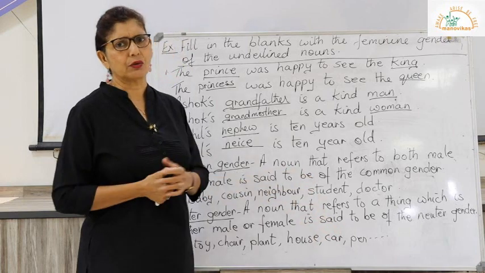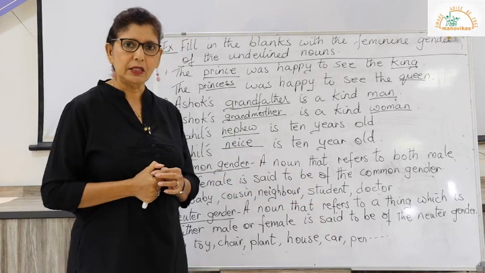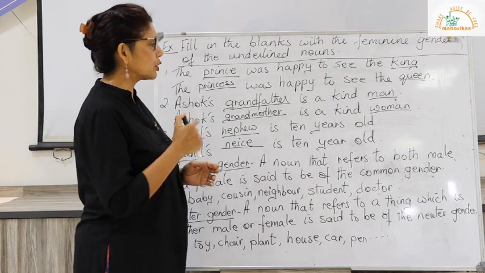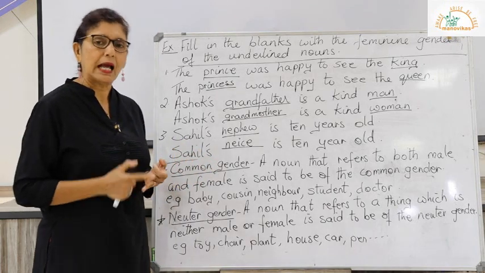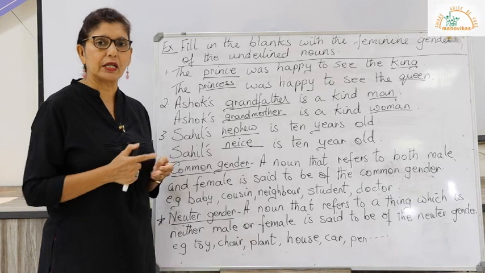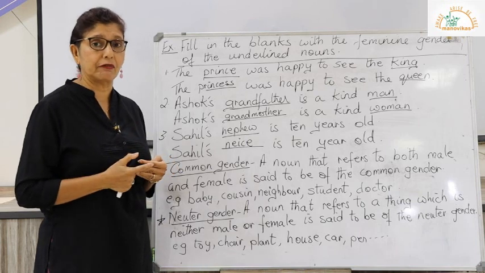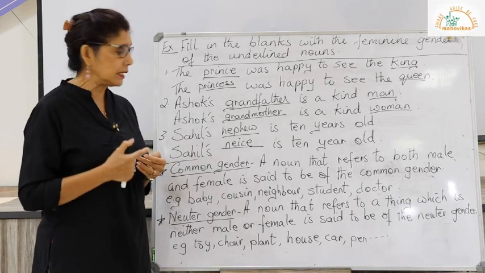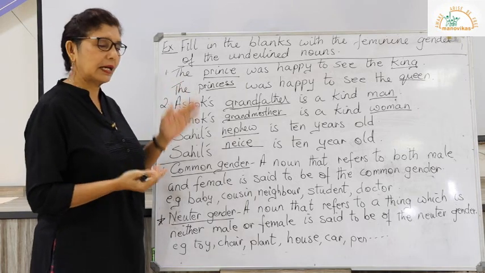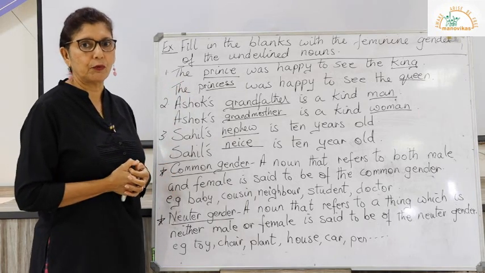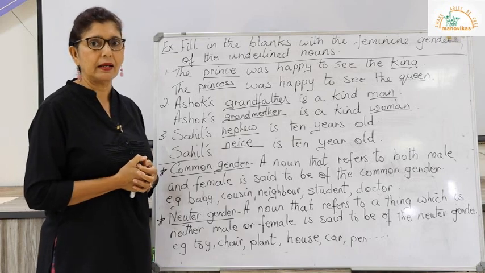Similarly, many things around you come under the neuter gender. So hope you have understood, children, the masculine, feminine, common and neuter. So these are the four genders you will have learnt in the 4th standard, and please be very clear about it. These exercises, and later on we'll follow with some more exercises so that you understand better.